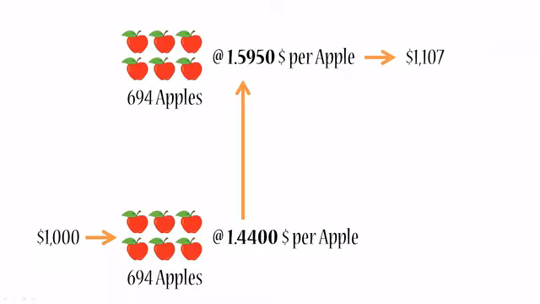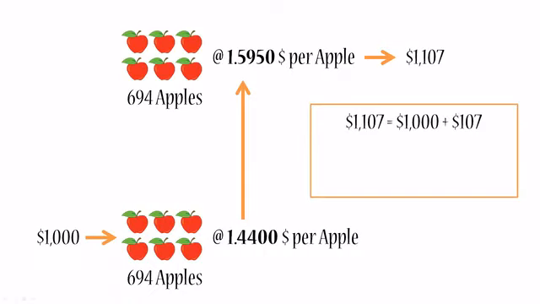And in return, he got $1,107. So as you can see, he started with $1,000 and now he has $1,107. So if we break this final amount up, we can see that $1,000 is the starting amount on his account, and $107 is the profit that he made.